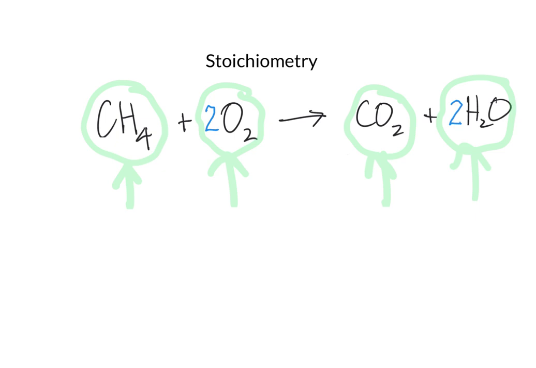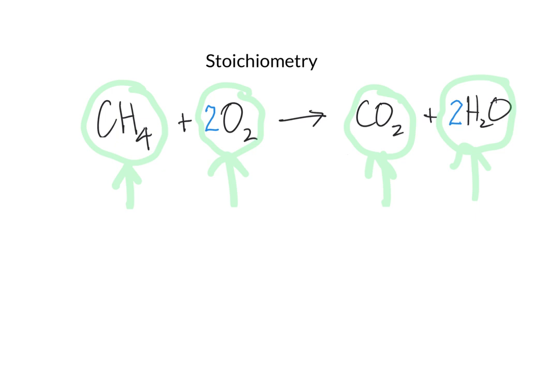That means that if I have 1 mole of CH4, I need 2 moles of oxygen to react, all of it, and I will get 1 mole of carbon dioxide and 2 moles of water. It is also a ratio of everything in the equation. For example, the ratio of CH4 to H2O is 1 to 2.